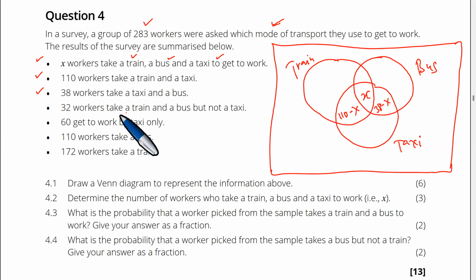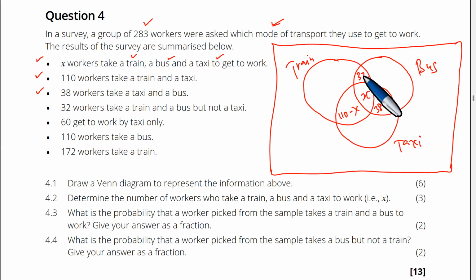32 workers take a train and a bus, but not a taxi. Okay, so 32 of them, what do they take? They take a train and a bus, but not a taxi. So now, that's very interesting.